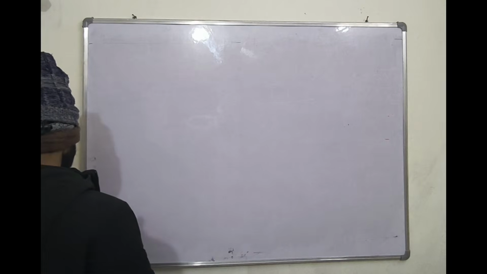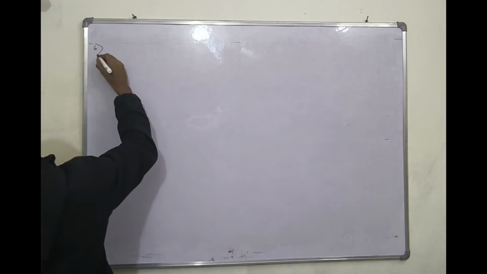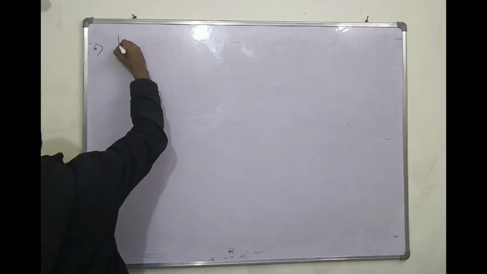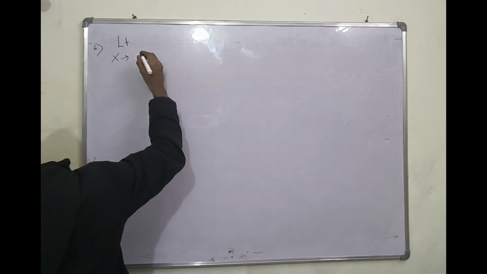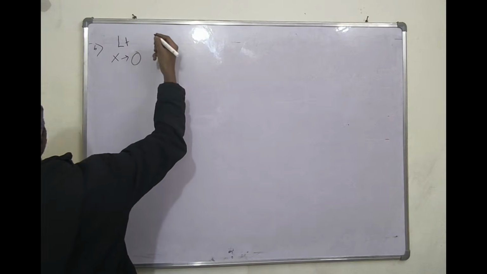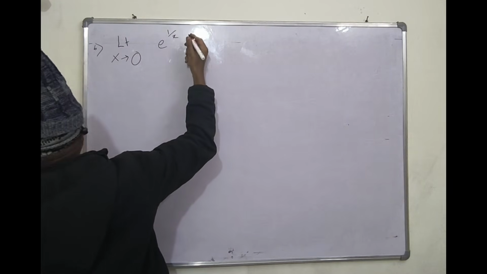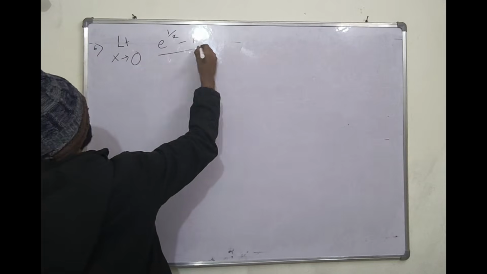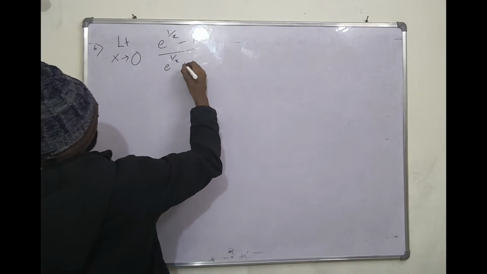Next question, the sixth question: limit x tends to 0 of (e power 1 by x minus 1) by (e power 1 by x plus 1).